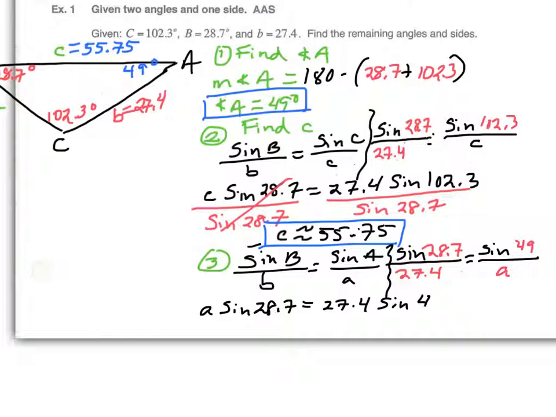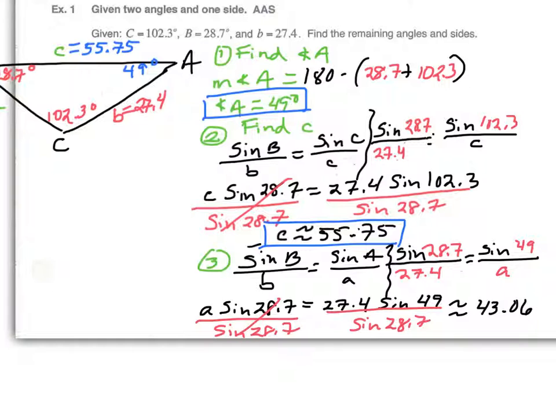How do you solve? Divide both sides by the sine of 28.7, and that's what you're going to put in your calculator. So what does that equal? 43.06. 43.06 is correct.